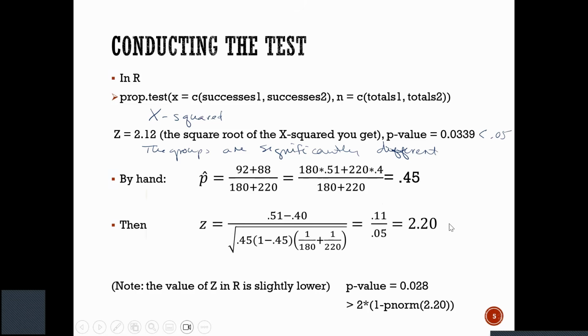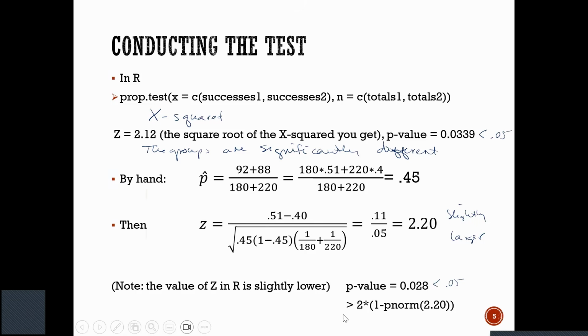And that gives us a z of 2.20, which is slightly larger because we're doing some rounding that R is not doing. And a larger z gives you a slightly smaller p-value. And so the p-value here is 0.028, which is still less than 0.05. But this is a little bit less conservative because of the rounding.